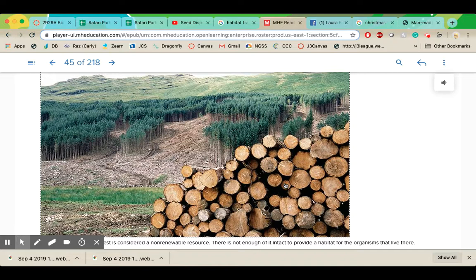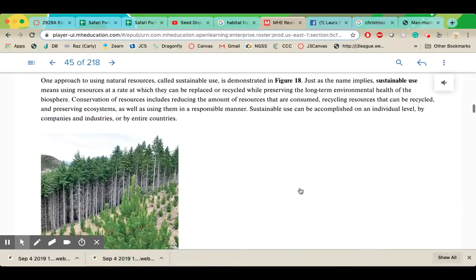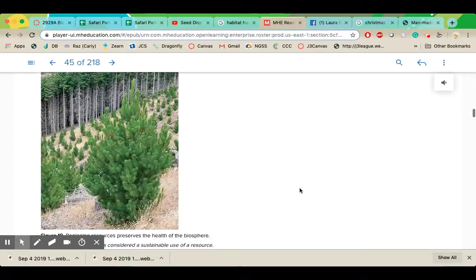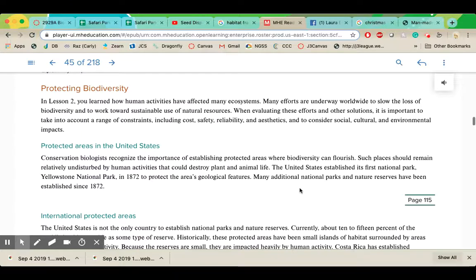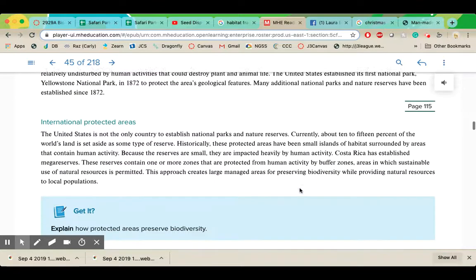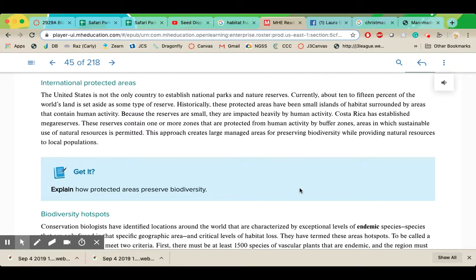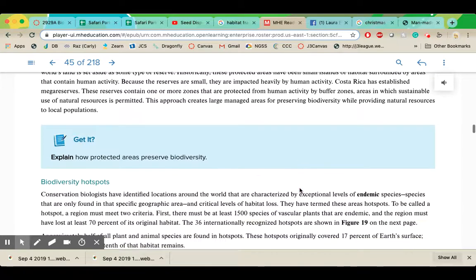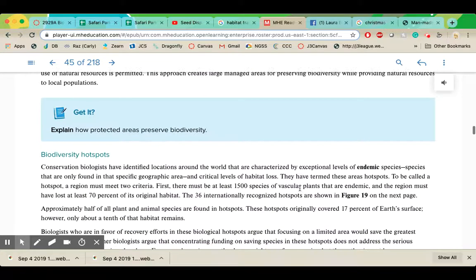And then support laws that help humans and nature coexist together instead of kind of pitting them against one another. So there's certain protected lands in the United States, like our national parks, this has been really helpful in preserving a lot of our biodiversity, and there's some international protected areas.